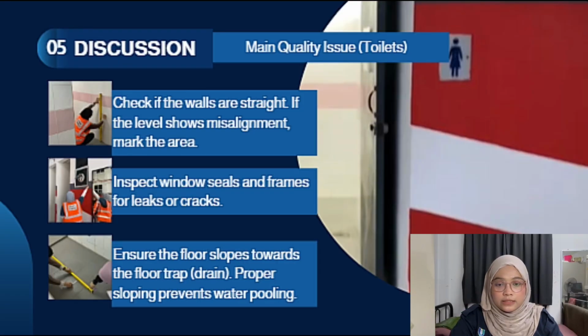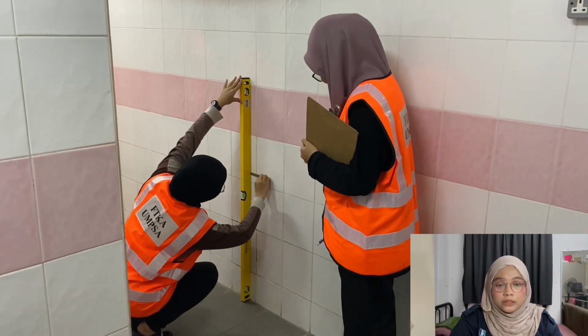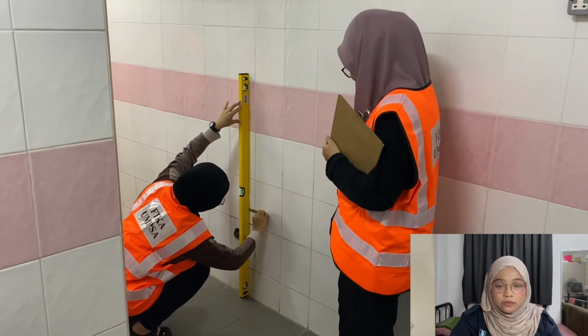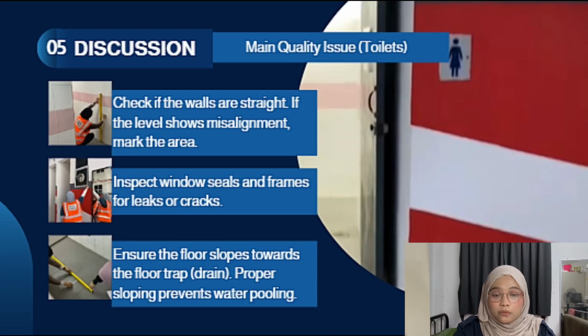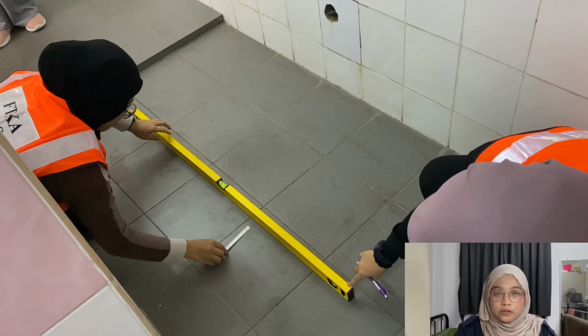Next, an investigation of the toilets at Block X identified multiple flaws in various components. The floors, walls, and ceilings all had poor finishing, with visible issues such as uneven surfaces, peeling, and joint faults. The toilet facilities, which are among the most important services in Block X, require immediate maintenance to solve a variety of issues.